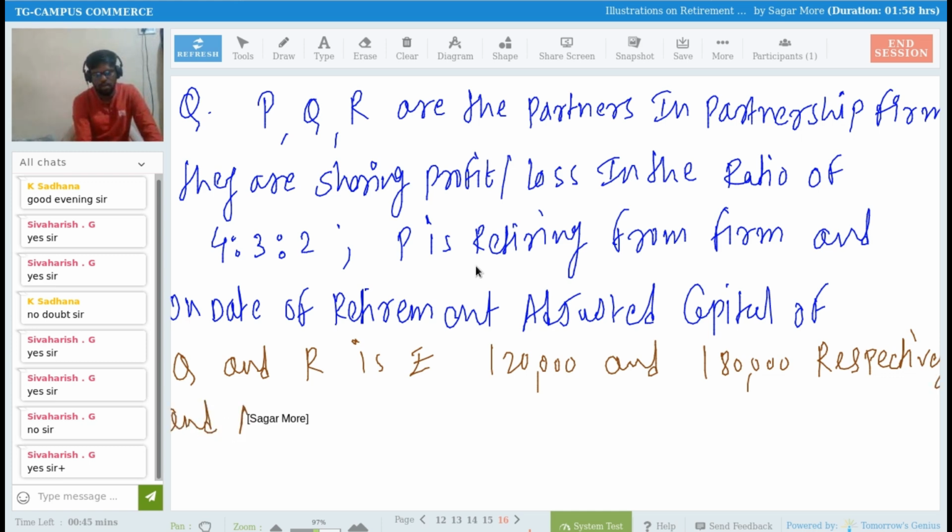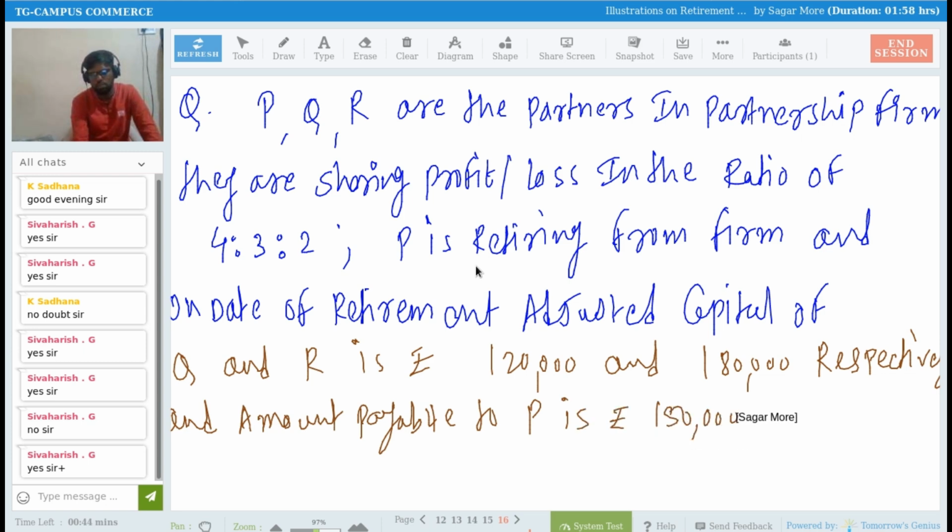And amount payable to P is rupees 1,50,000.